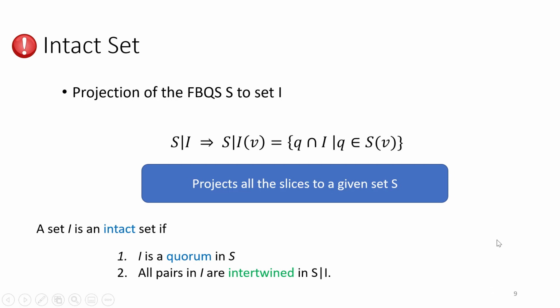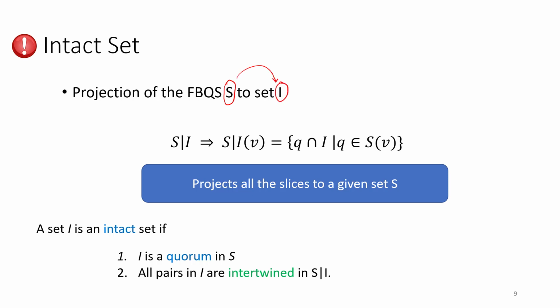Let us now define an intact set. The definition of an intact set is quite crucial for the rest of the paper as well as for the proofs. So let's start with a federated Byzantine Quorum system, FBQS, and let us project it to set I. So let's see what that means.